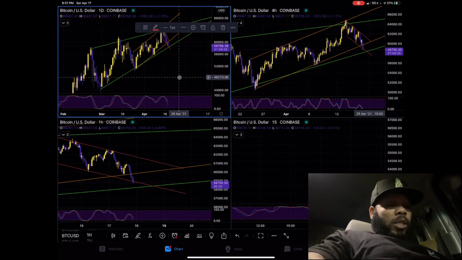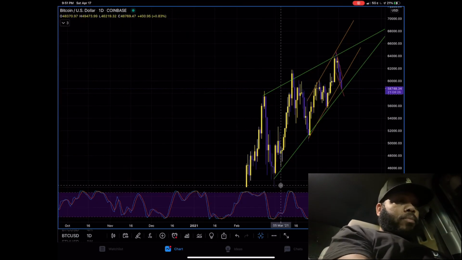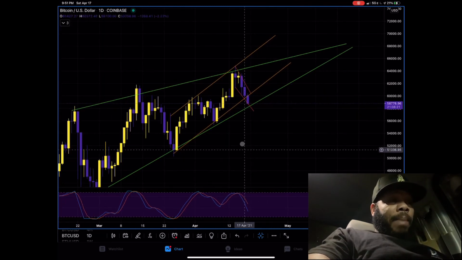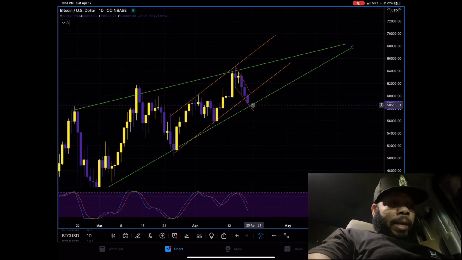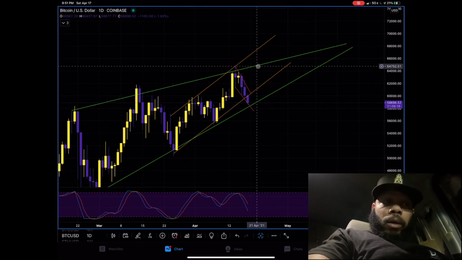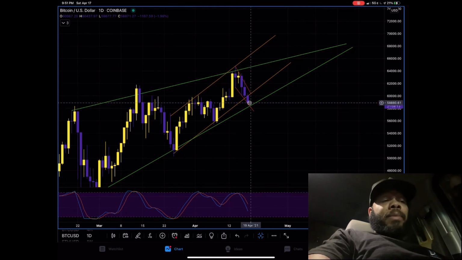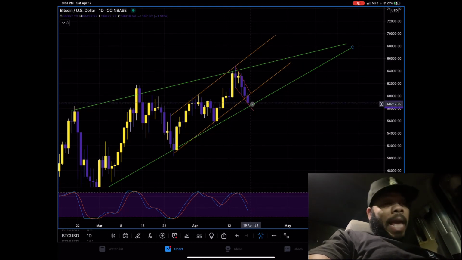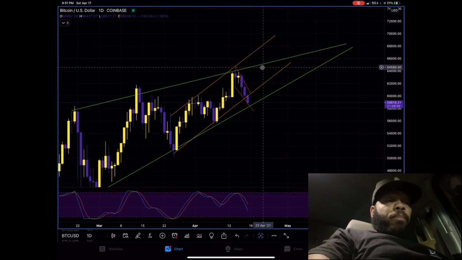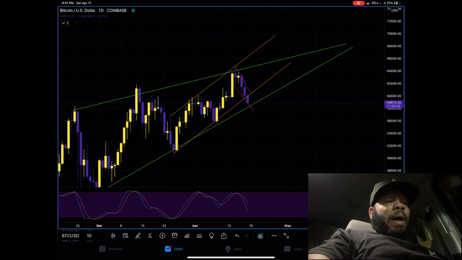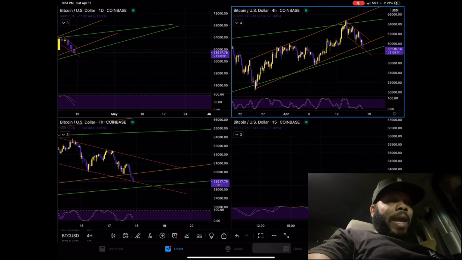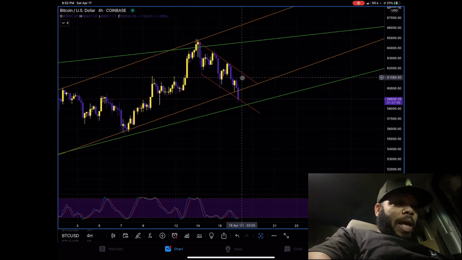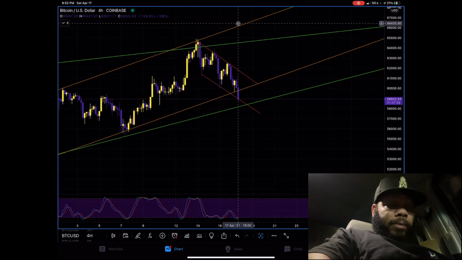Boom. So now that I have these, now look what's going on here. I can go on the daily chart and I can trade. Remember, the green lines are my daily. So if I could make a trade from this green line up to this green line, that would take some days because that's a daily. This is on the daily chart, so each bar would be a day, right? So, boom, I could be on my 4 hour chart and I could trade from this orange line to this orange line.